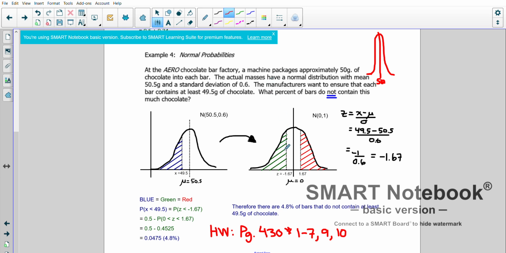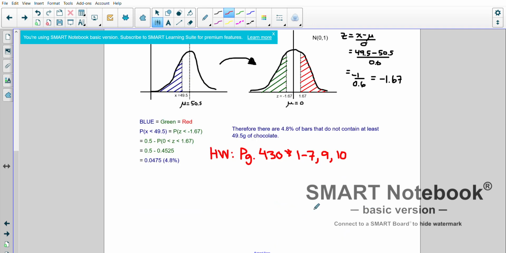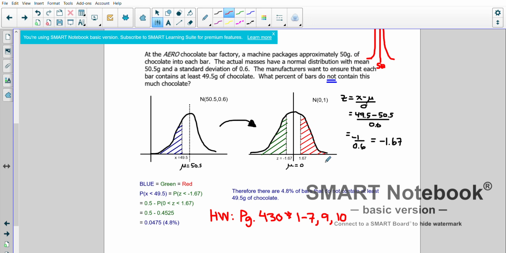So how do I get this green shaded region? I'm going to use my symmetry. I'm going to try to find the red shaded region. What's the probability that Z is greater than 1.67? Because if I find the red, that equals the green, which will equal the blue, which answers my question. And we've already done examples of this where we try to find this positive Z score greater than value.